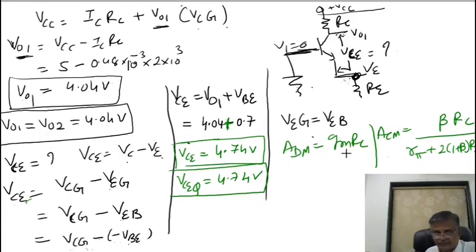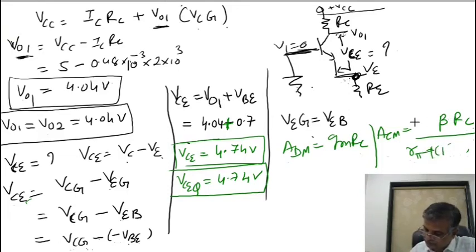So what is ADM? GM RC. What is ACM? If you do not know, simple: hfe into RL upon hie plus 2 into 1 plus hfe into RE. That formula, from this what we have written. So by using this formula we can calculate the value.